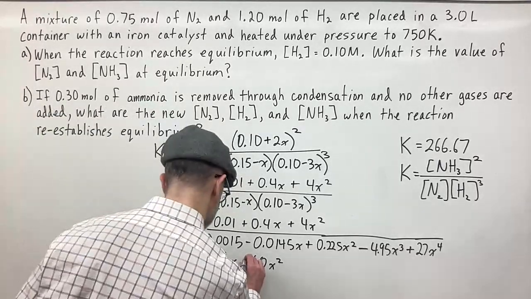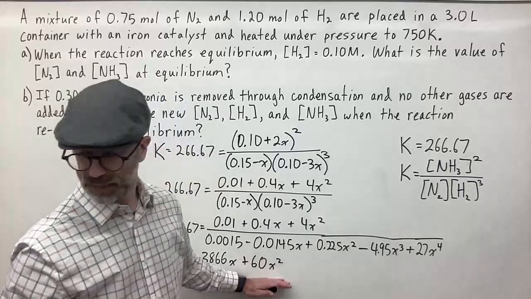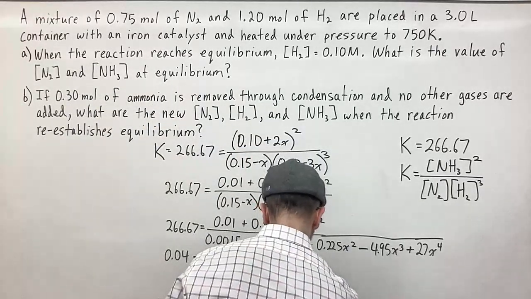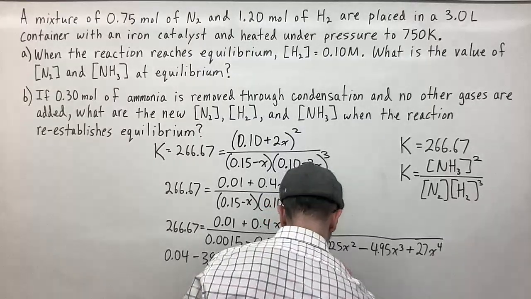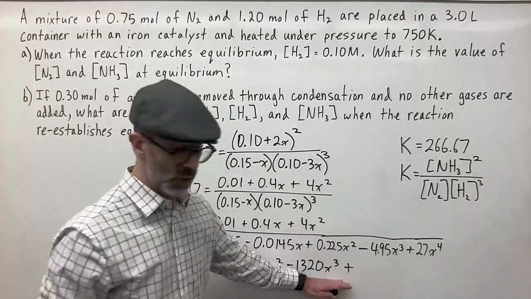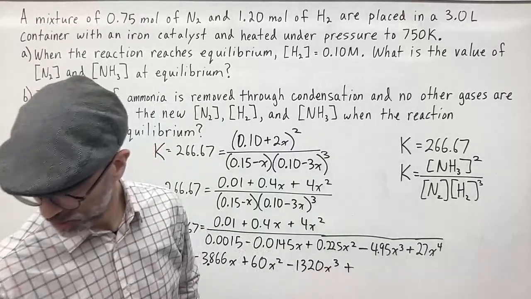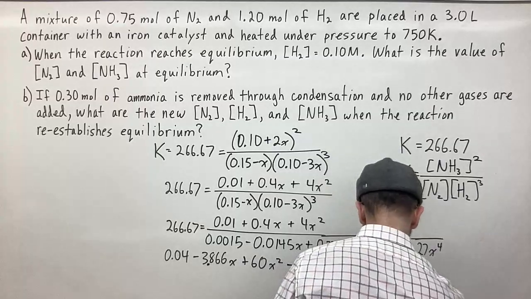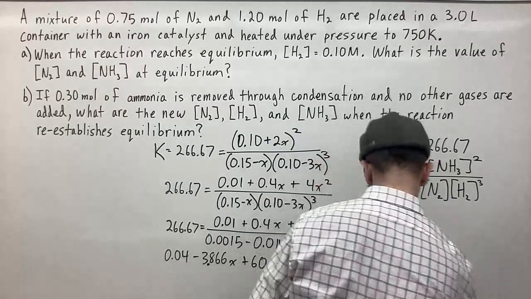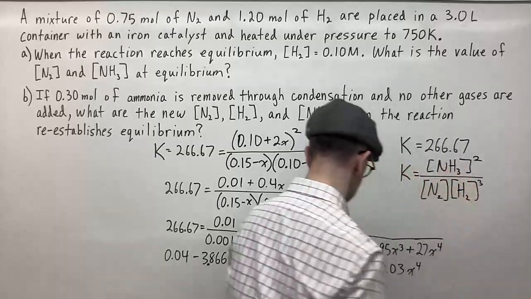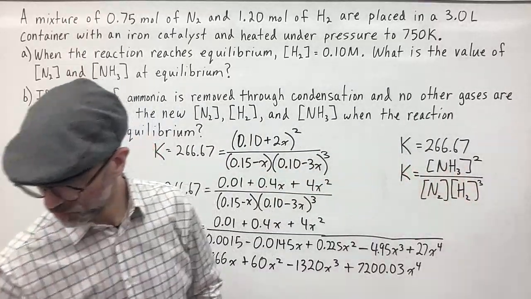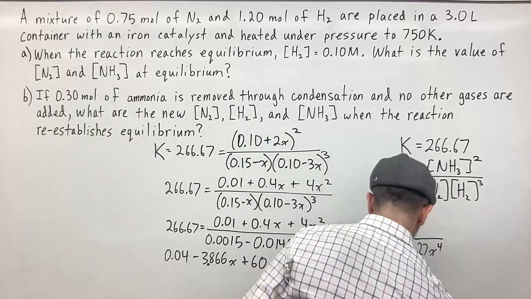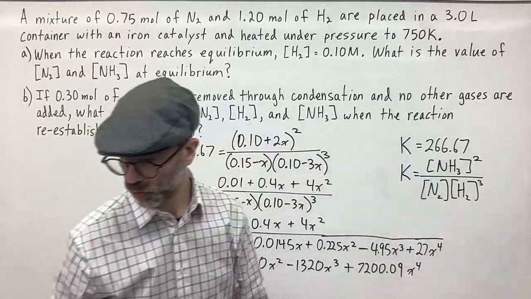No, that's plus 60x squared. And then I have minus 1320x to the third plus 7200.03, oh, I'm sorry, that's 0.09, sorry, x to the fourth.